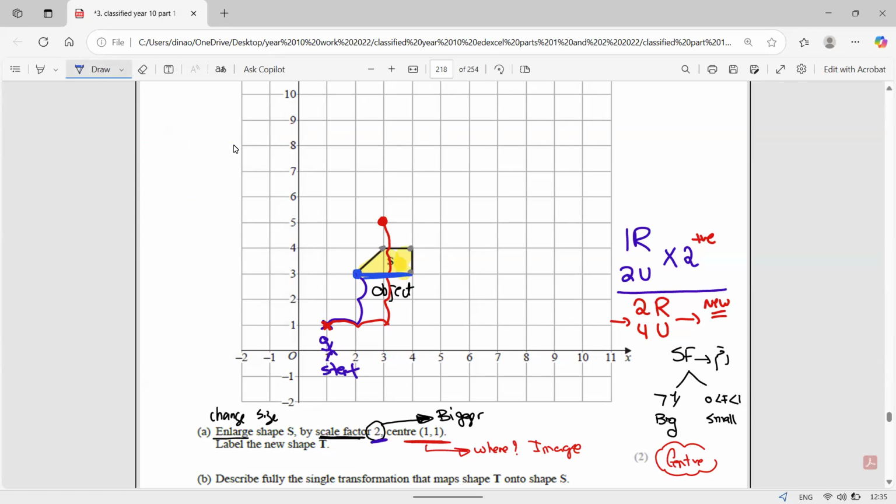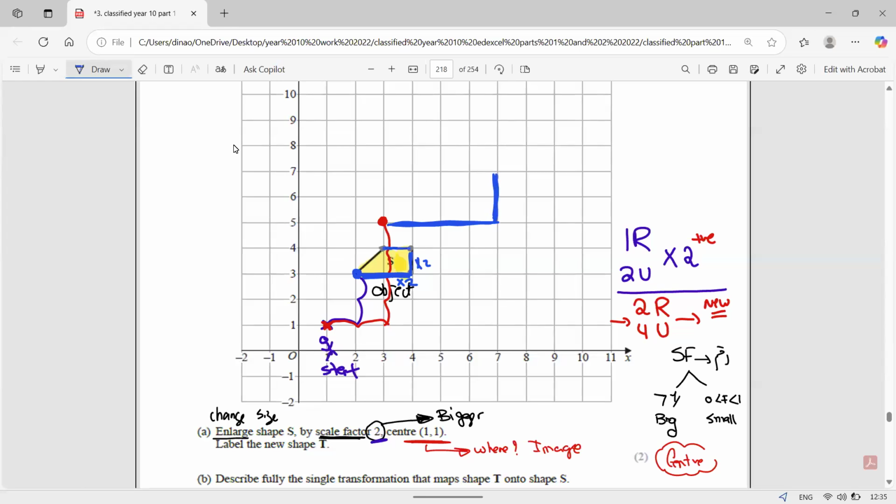So when I draw the new one, you just multiply by the scale factor. 2 to the right becomes 4 to the right. The last step is drawing the shape, multiplying every side by the scale factor in the same direction, not changing it. As we agreed, this point had 2 squares to the right, so times 2 is 4 to the right. Then one box up times 2 is 2 boxes up.